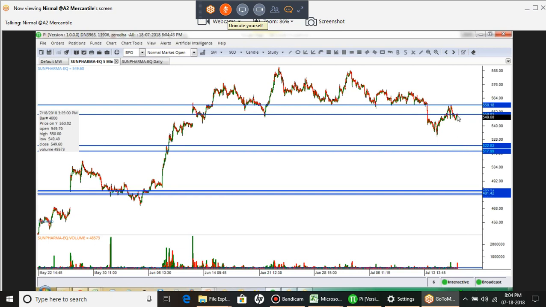Okay, when the price will come here, and after that pharma sector starts going sideways, the buying position from this level of 520 will have a target of 590 or higher.